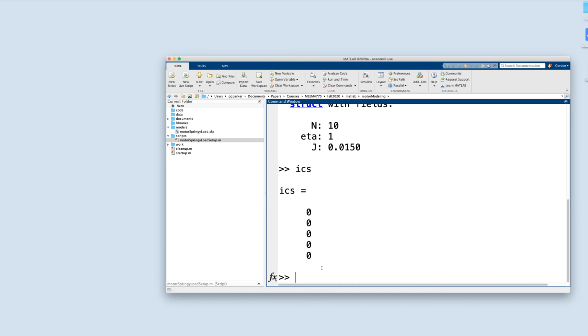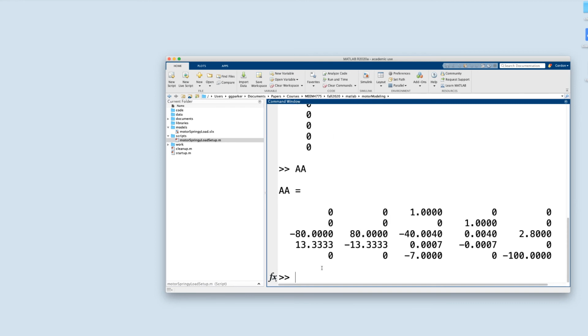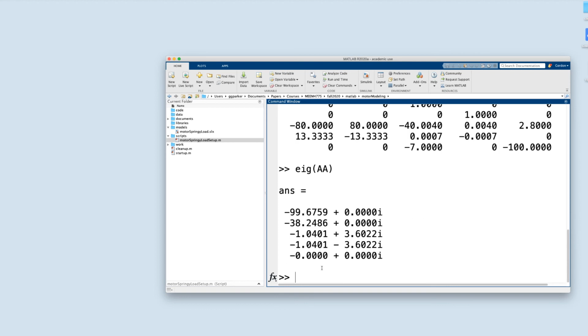So for those of you that have done some work in state space, let's just take a look at this A matrix. There's the 5x5 A matrix that we had in the notes, and if we were to look at the eigenvalues of that, that gives us an indication of the characteristic response of the system. This pole right here, which I would call sort of a fast pole compared to everything else, is associated with that armature inductance.